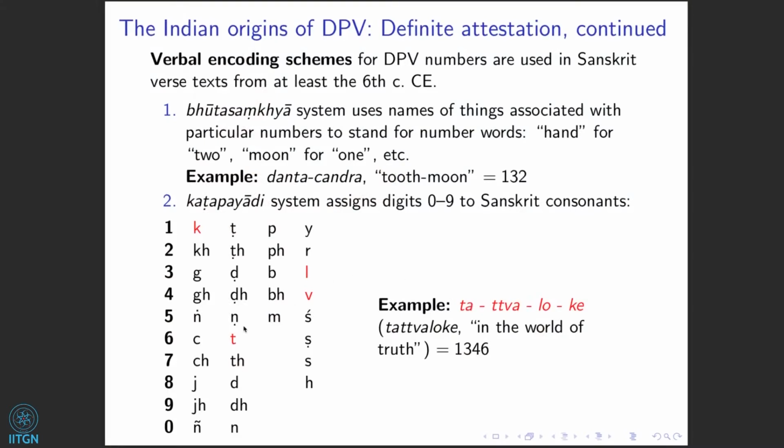assigned to 6. And then we have a conjunct consonant here, tatwa, but in the Katapayadi system, it is understood that only the last consonant in a conjunct counts. So we look at the value of va, and that is 4. The consonant of lo is la, which represents 3.